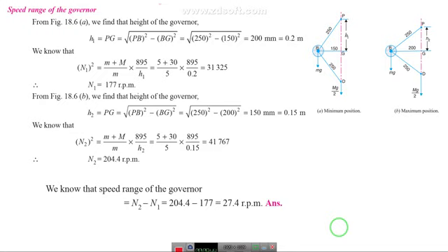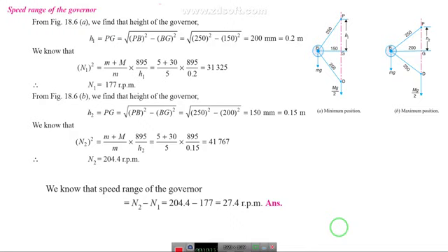The formula already we discussed, that is N1 square is equal to (m plus capital M) divided by m into 895 divided by h. So we know the value of ball mass as well as the central load mass. Substitute those values and we can calculate N1 value, that is during minimum condition. And now to calculate this maximum condition, h2 value is missing. That can be calculated using the same Pythagoras theorem.